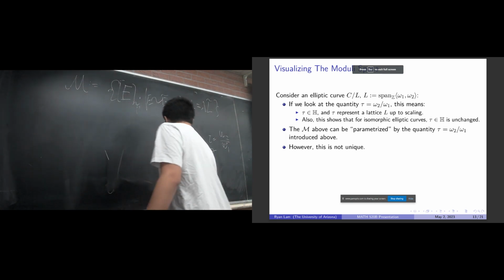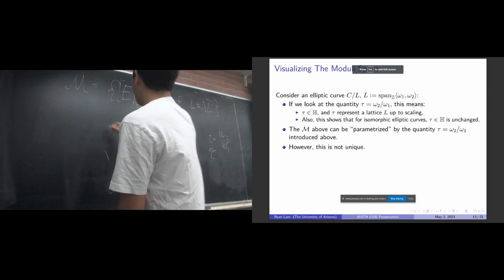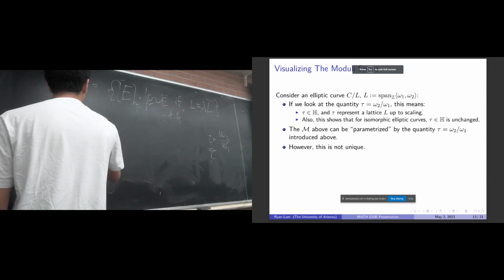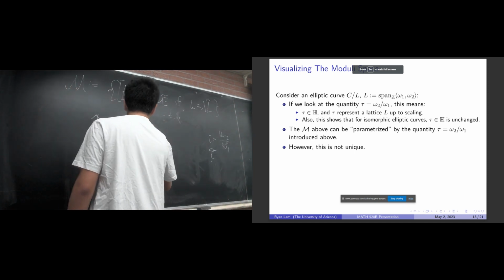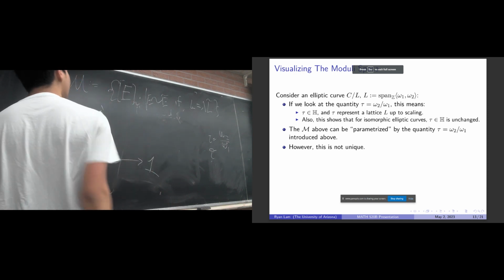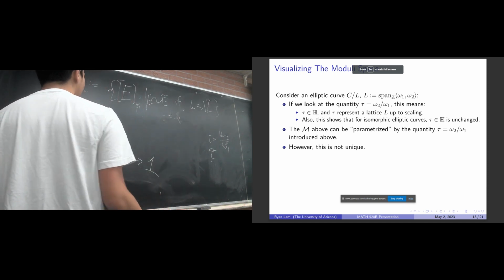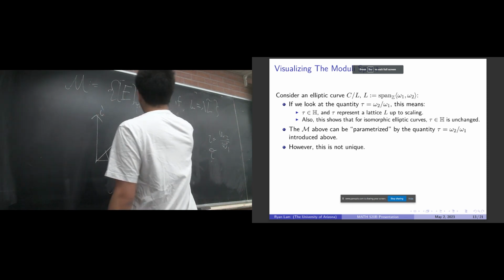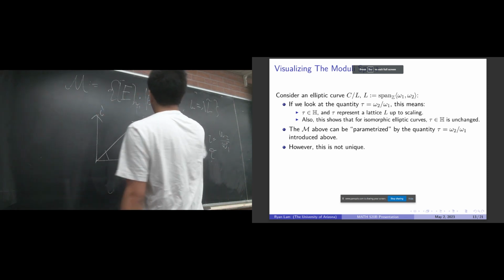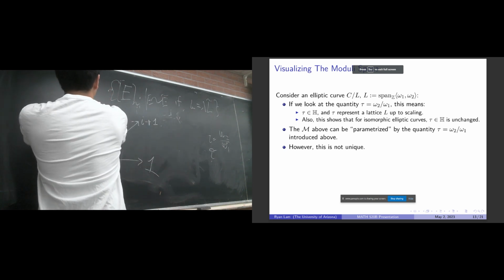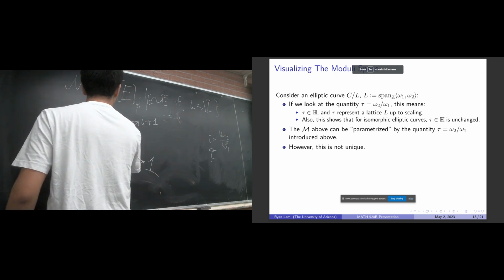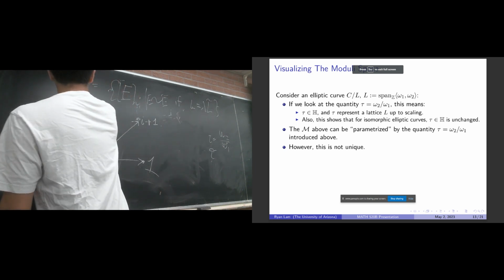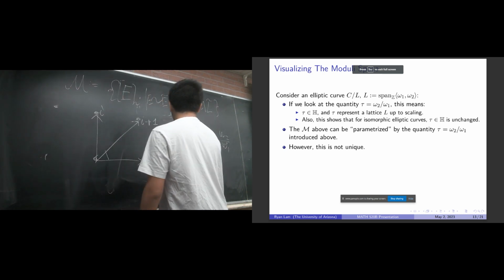Let's consider the square lattice. So 1 and i span the square lattice. But so do, okay, I should use two different colors. So 1 and i span the same square lattice.